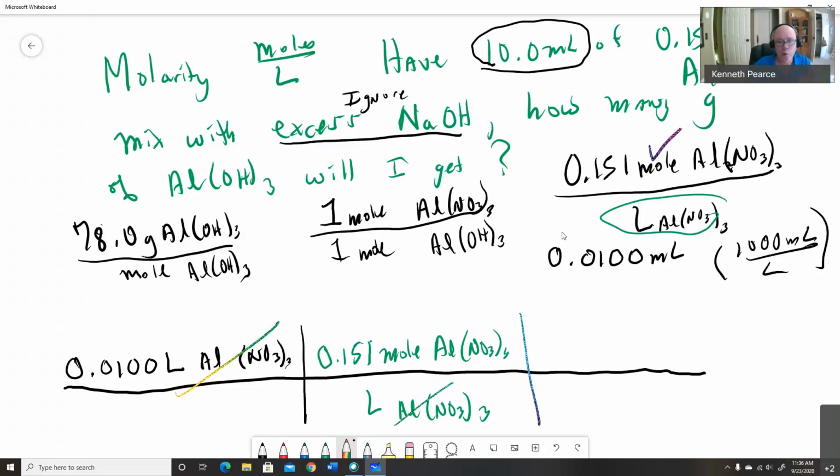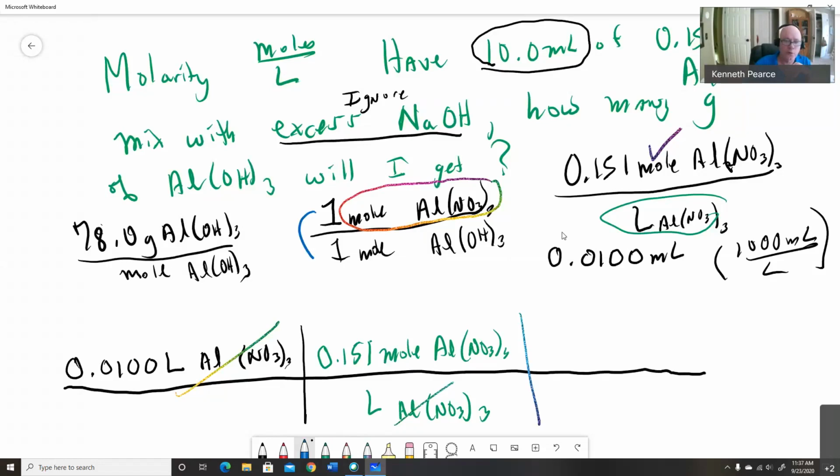So now what do I need? I need what has moles aluminum nitrate in it. And the only place that has moles aluminum nitrate is right here. And so that's what's going to go up next, the mole ratio between the two. Now I need aluminum nitrate on the bottom, because the moles aluminum nitrate needs to cancel with the moles aluminum nitrate.